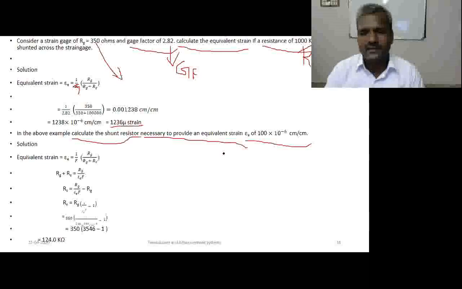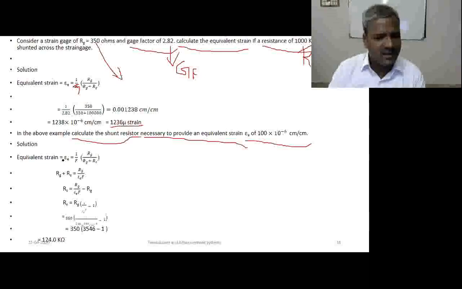Use the same formula: the equivalent strain equals 1 by gauge factor into Rg by Rg plus RSH. Solving, RSH equals Rg into (1 by epsilon gauge factor minus 1).